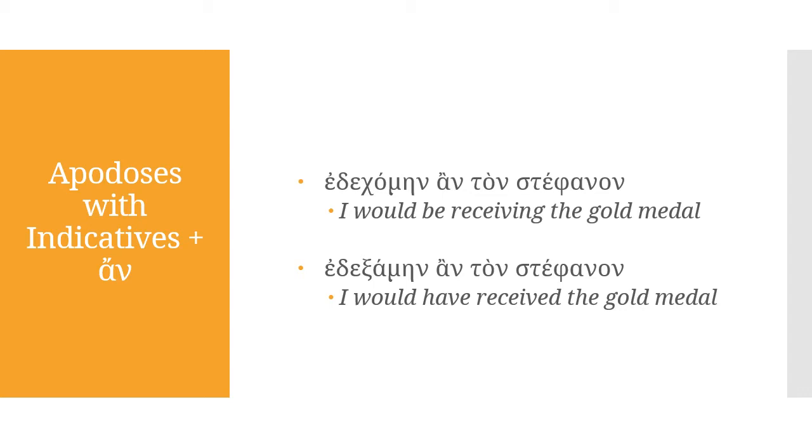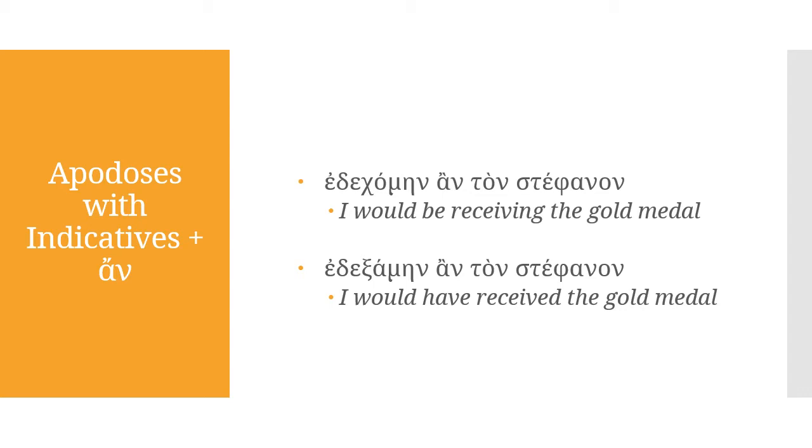Again, the combination of an indicative, secondary, past marking, edexamen, with an, puts you into a counterfactual situation. I would be receiving the gold medal. I would have received the gold medal. But understood, it's not taking place or it didn't take place.